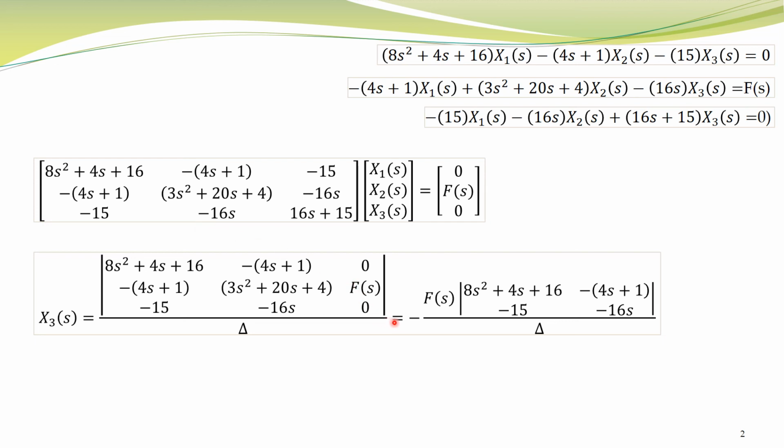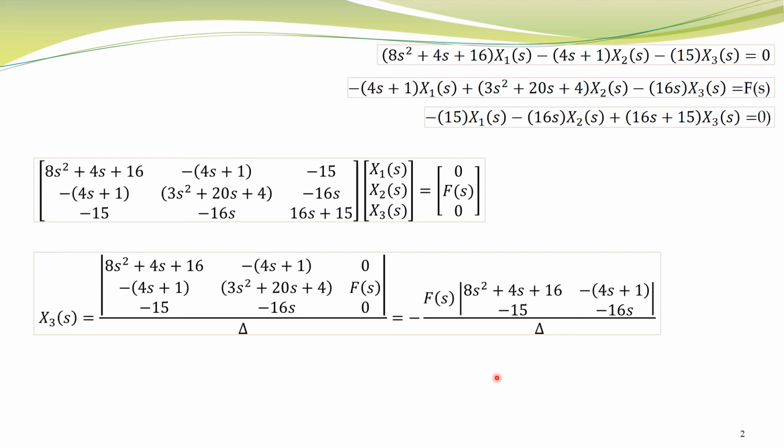If we expand this determinant, we can see that expanding by this third row will be more convenient. So minus f of s multiplied by the determinant of this part, which is written over here, divided by delta.